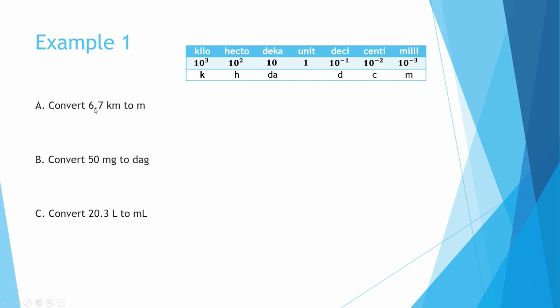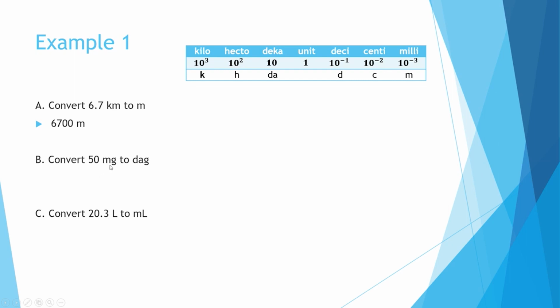So if I want to convert 6.7 kilometers to meters, meters is a smaller unit, so it should make it look larger. So if I'm moving from kilo, that's 1, 2, 3 to units, I'm moving the decimal place over 3 times. And so you get 6,700 meters.